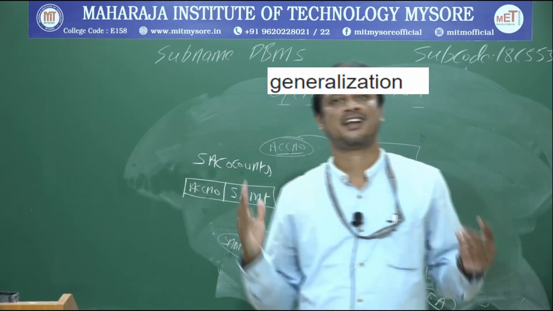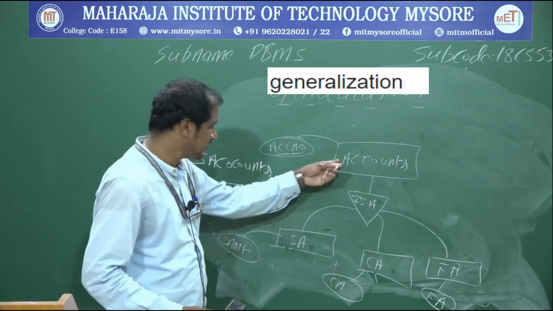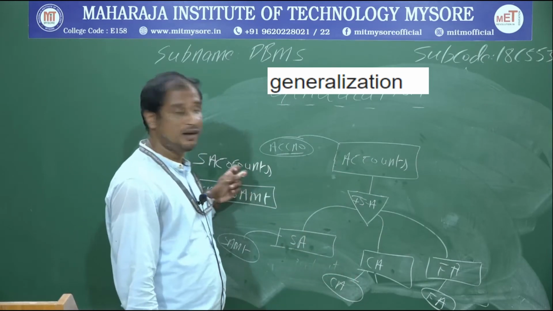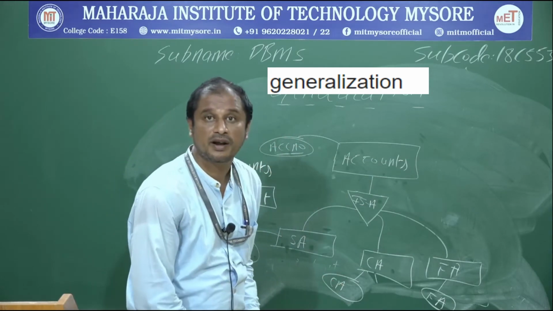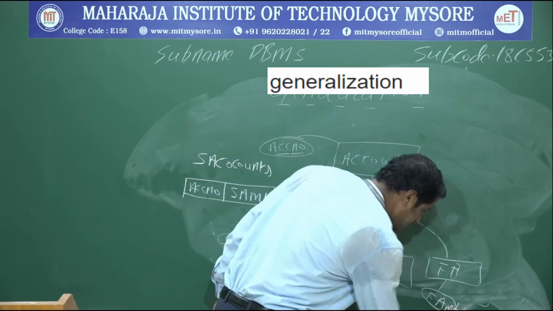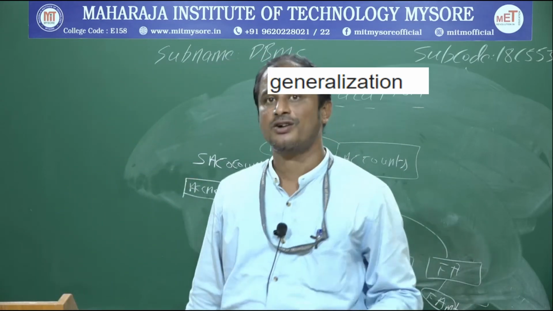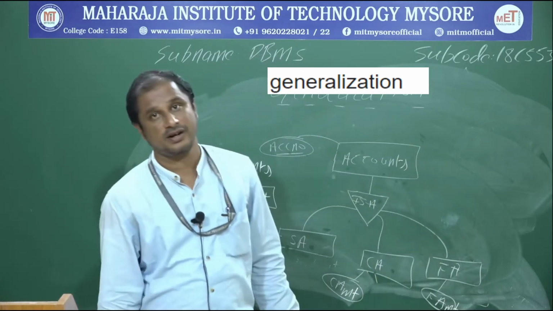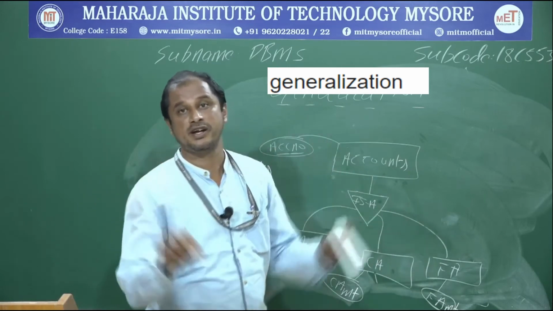Next, for the current account, I will write a current account table containing account number and current amount, and a fixed amount table with account number. Which account number is a saving account, which is a current account, which is a fixed account, right? So like this we discuss generalization, splitting an entity into subclasses.